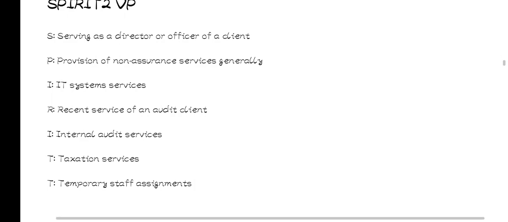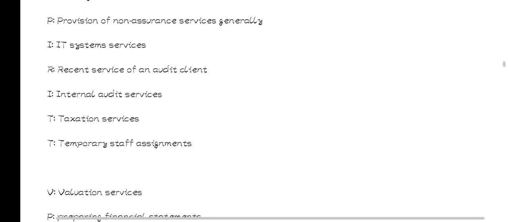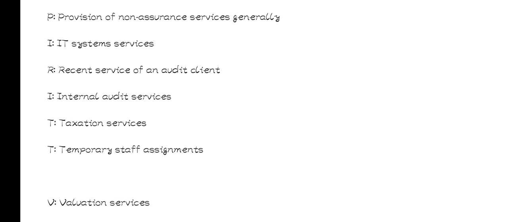Then I is for IT system services. R is for recent service of an audit client. Then I is for internal audit services. T is for taxation services. Another T is for temporary staff assignments.